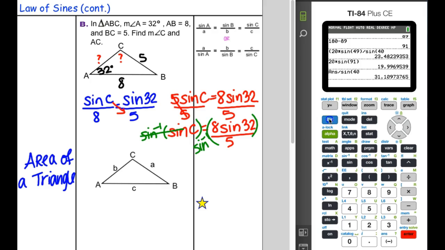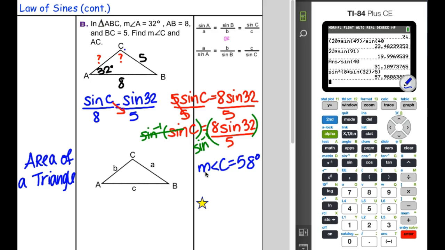So I put in here second sine, 8 times the sine of 32, divide by 5. We hit enter, and we get 57.98 degrees, which if you round to the nearest tenth of a degree, gives you 58 degrees.